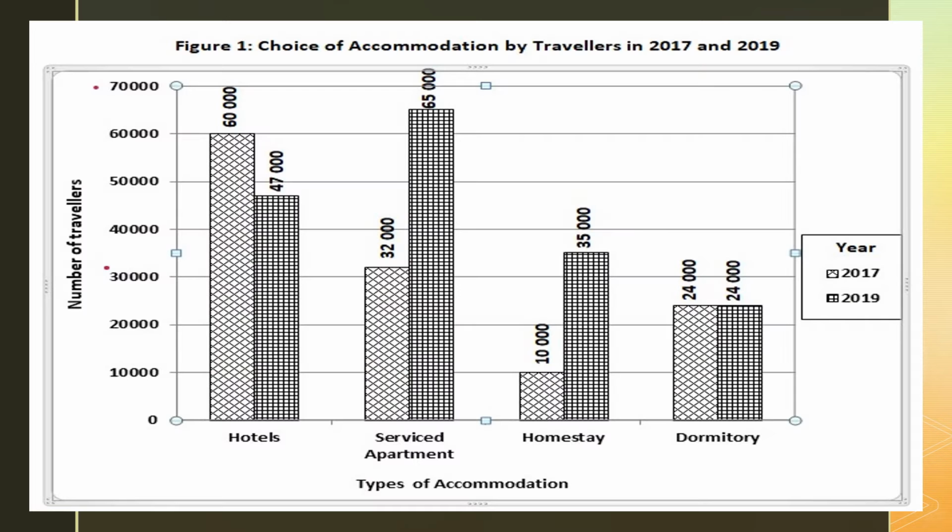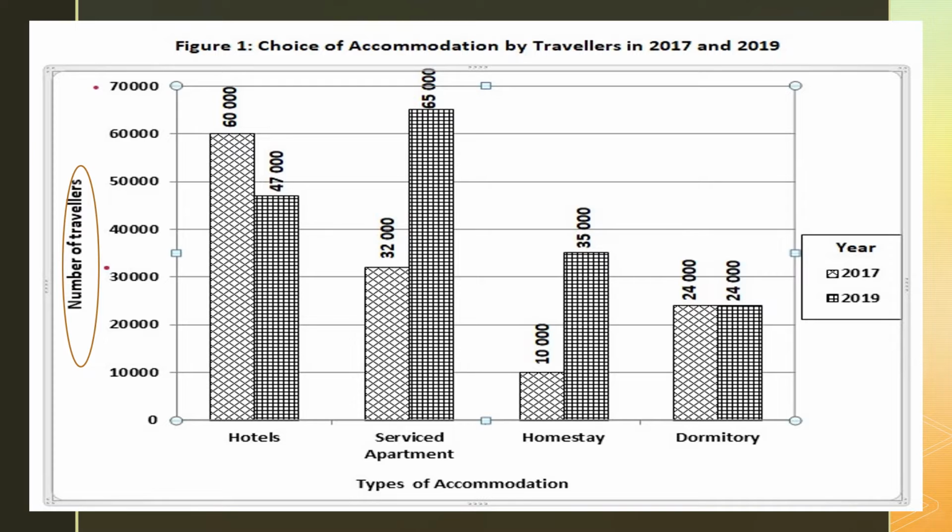Move on. Okay, this is the question. Okay, observe the title of Figure 1. Choice of accommodation by travelers in 2017 and 2019 and the number of travelers.